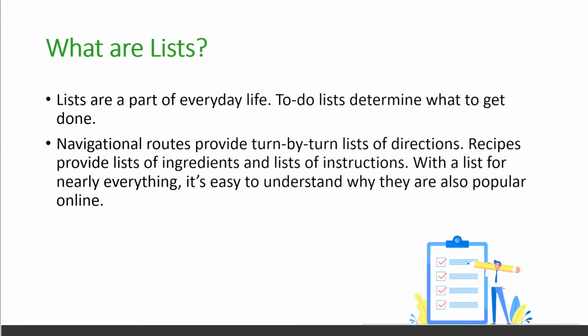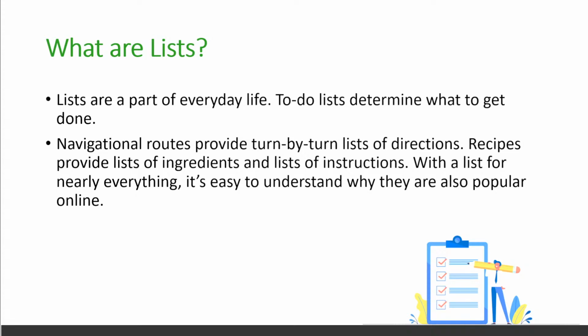But if I have a grocery list of items that I need to get at the store, I can definitely start with one item and then maybe skip down and get the third or fourth item on the list and then go back up and get the second or third item on the list. I don't have to get them in any particular order. So we have these different types of lists that we can follow and use on a day-to-day basis.